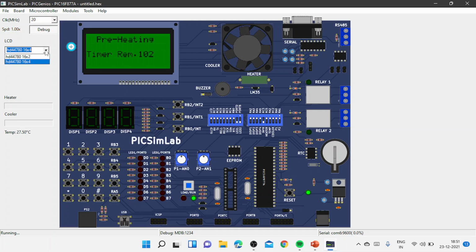As I said in theory, there are two types of LCDs, those are 16 cross 4 and 16 cross 2. For our project, 16 cross 4 is required. Means there are 16 columns, see 1, 2, 3 like that up to 16, and there are 4 rows, 1, 2, 3, 4. This means 16 cross 4.